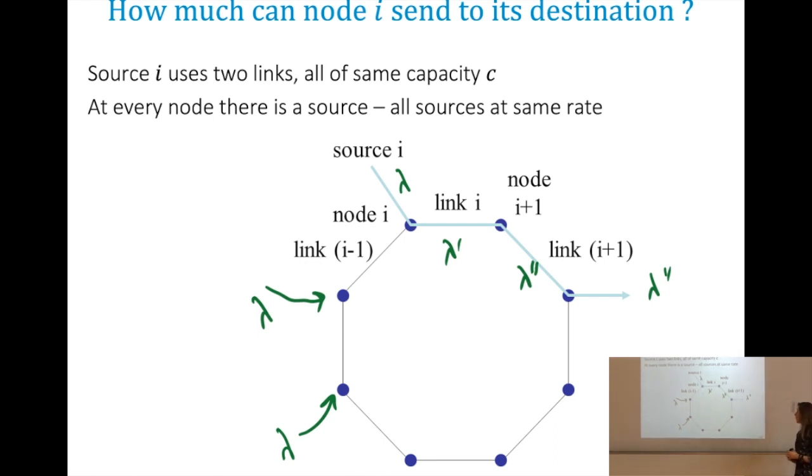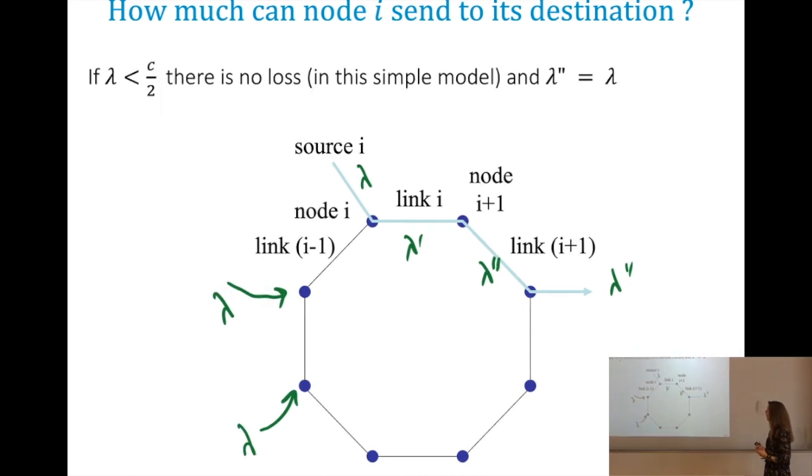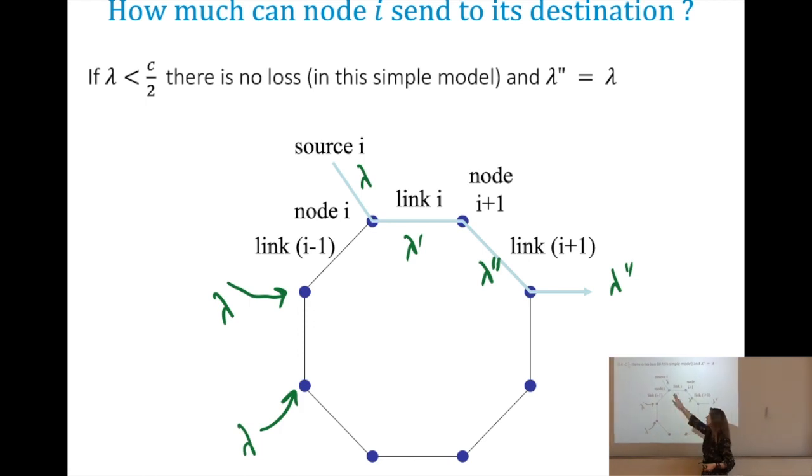So now let's have a look at how much source I can send to the destination. So we have lambda prime and lambda second here, which correspond to the bit rate. Lambda is the bit rate at which every source sends data. They all have the same rate.